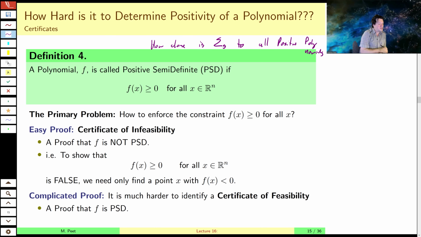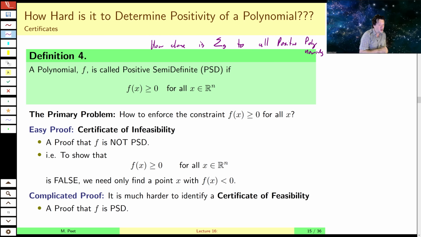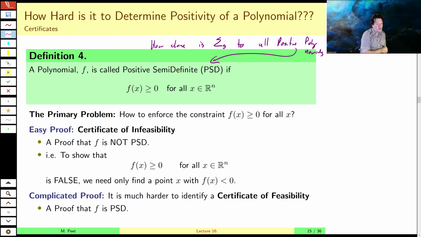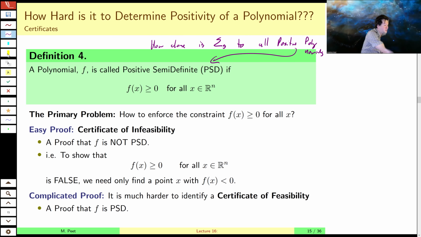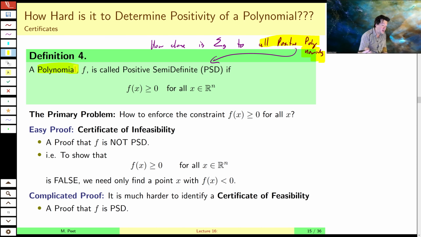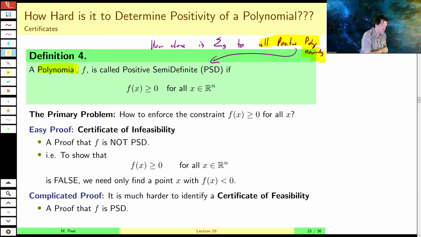Okay, so let's take a step back. What is the class of all positive polynomials? This is the definition: the class of all positive polynomials is the set of polynomials which are positive. Not particularly surprising notation, but that's what it is.